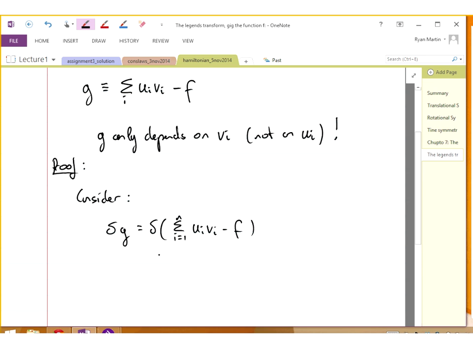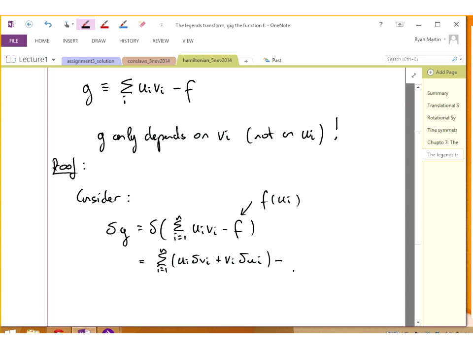Okay, if I do that variation, I get the sum from i equals 1 to n, by the product rule, of u_i delta v_i plus v_i delta u_i, and then minus the variation of f.